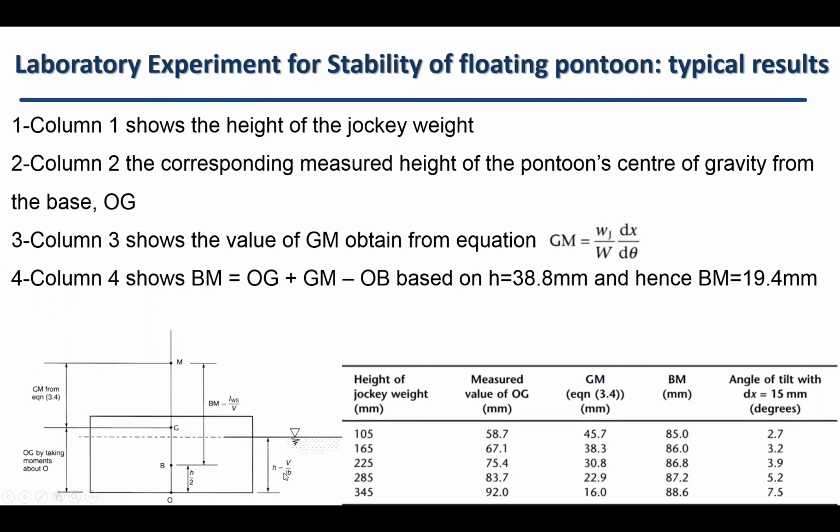We calculate the volume of the water displaced and divide by LV to get H, or experimentally, we can easily measure the depth of immersion with a tape measure. Half of that is the center of pressure for the displaced water, and OB can be read. Experimentally, H is 38.8 millimeters, and hence half of that, OB, is 19.4 millimeters.